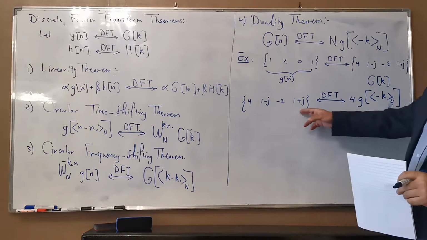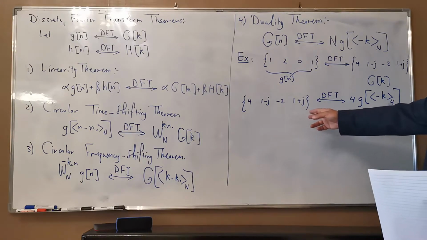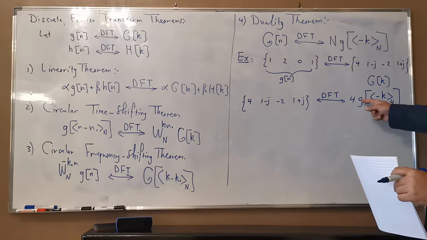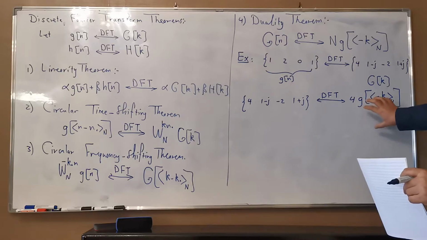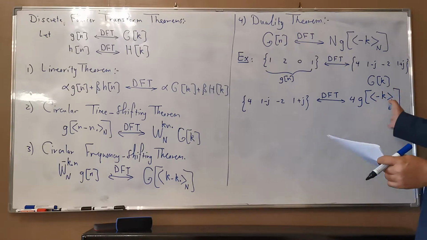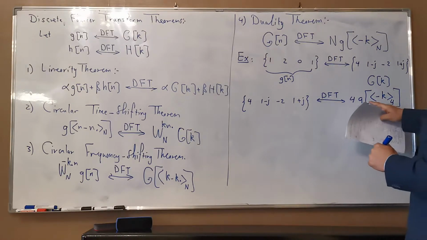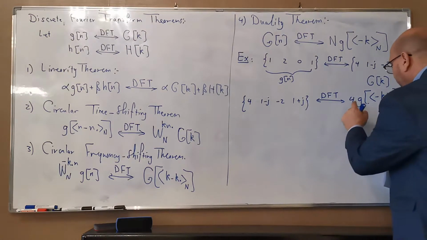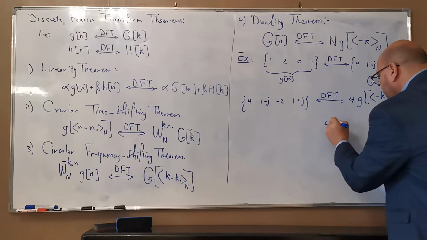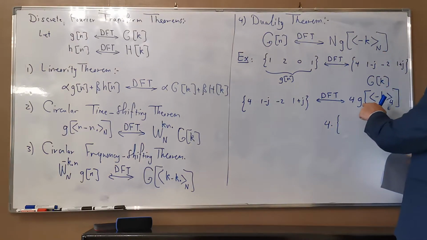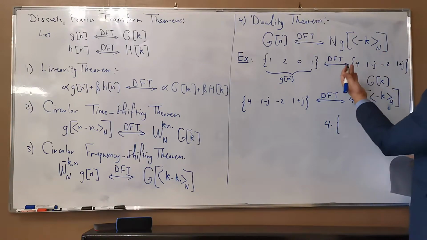We can do this by multiplication with D4 and find the answer, but we're going to do it first by comparing G and a flipped G, or time inverted G. What will be the time inverted G? It will be 4 times the sequence G, but inverted.